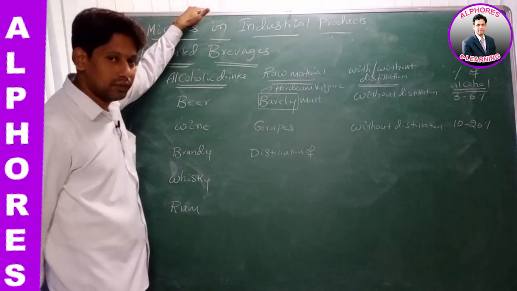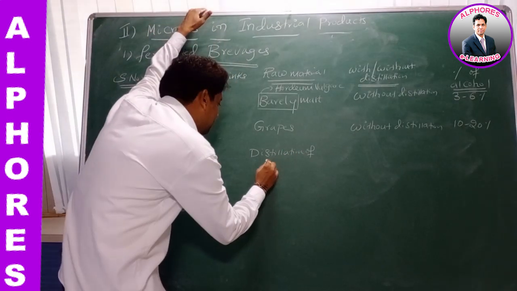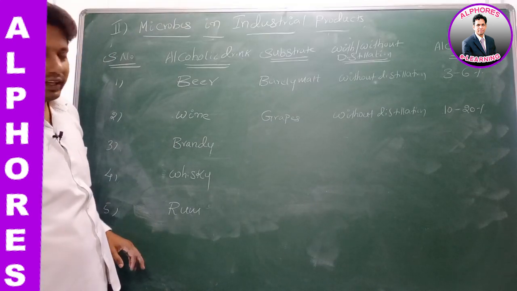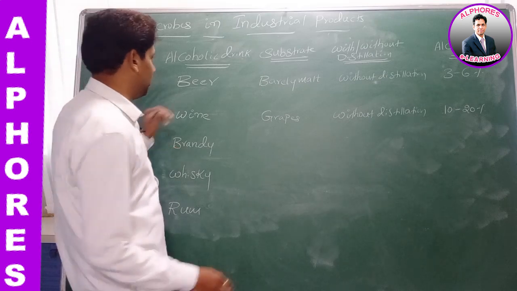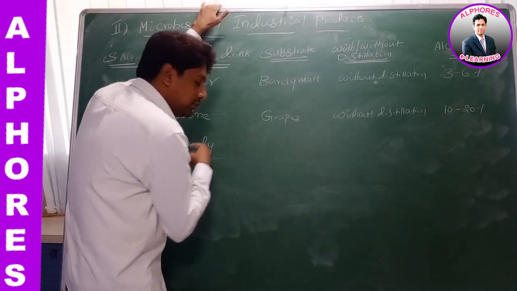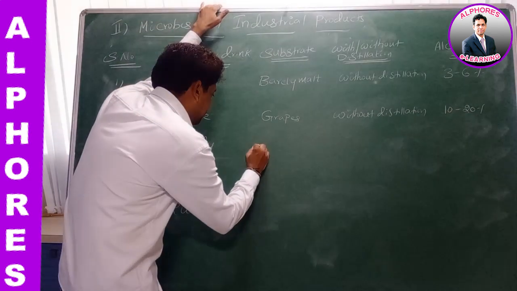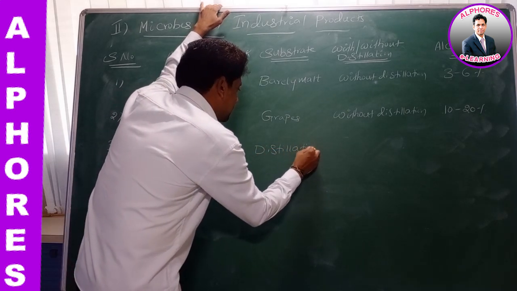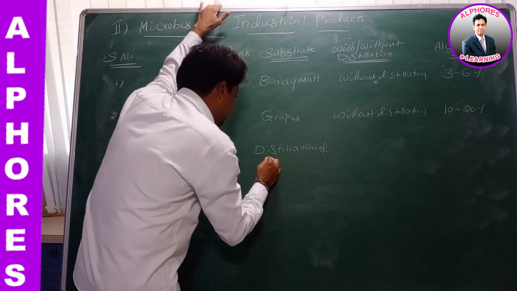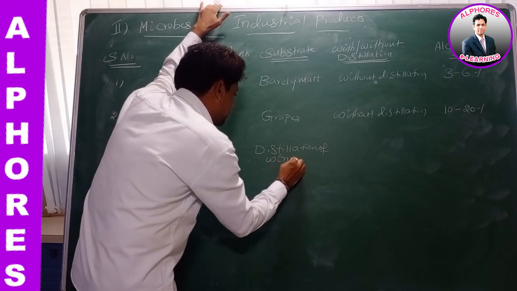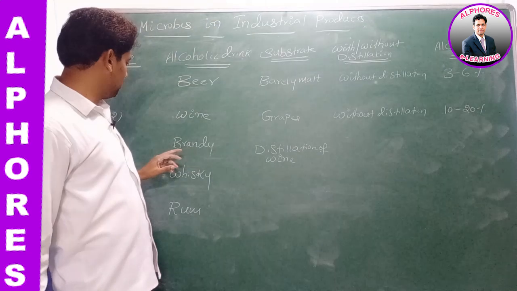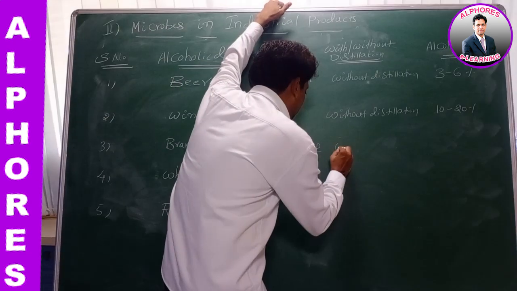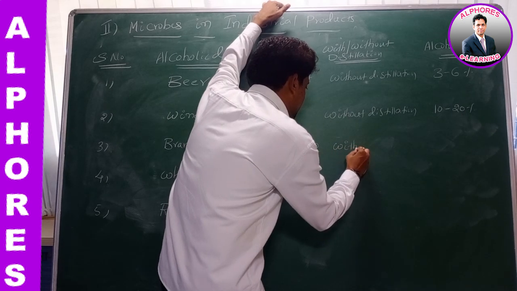Brandy is produced by distillation of what? Distillation of wine. Therefore, brandy production involves distillation, so it is with distillation, right?